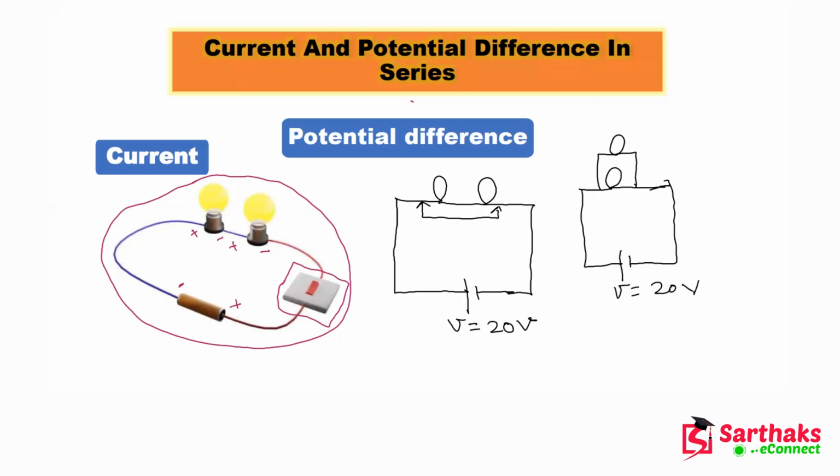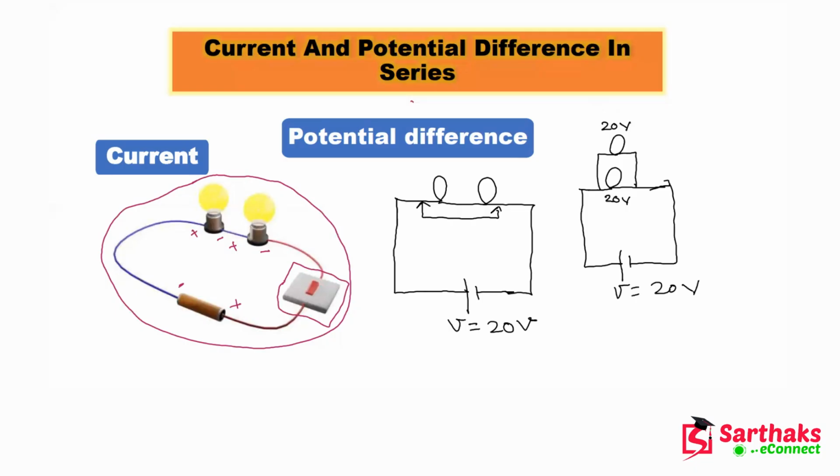It means if you calculate the individual voltage on these bulbs, on this bulb first you will get 20 volt, and on this other bulb the voltage will also be 20 volt. So this voltage will directly go into these bulbs. I hope you get it.